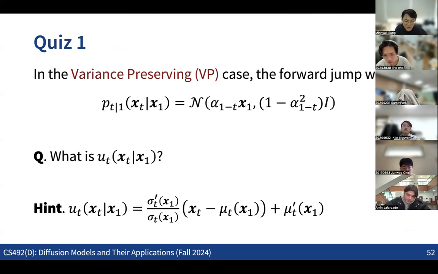The generation process goes from 0 to 1, not from t to 0, right? Because of that, now we're having the 1 minus t here. So in the variance preserving case, the forward jump distribution was defined in this way. And based on that, can you also derive the conditional vector field given this definition of the conditional probability path?